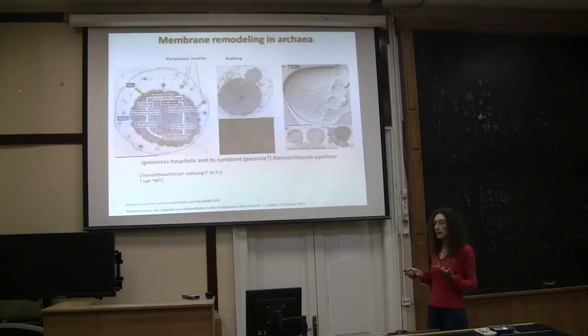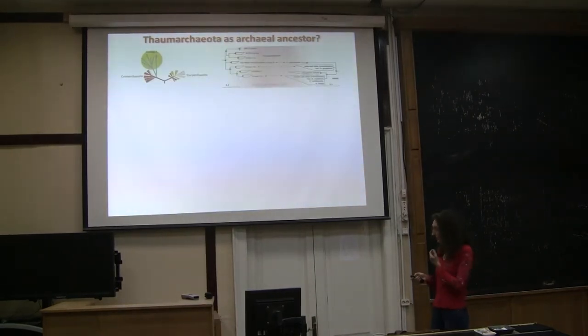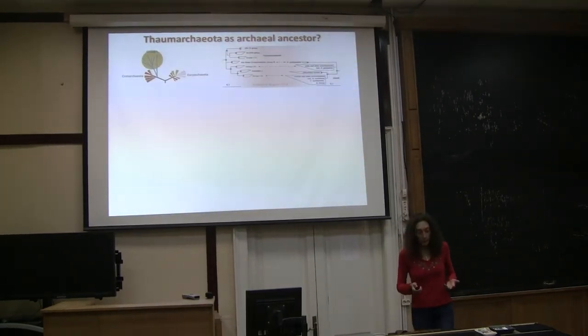They could be the ancestors of eukaryotes, just because they can modulate the membrane. So, well, this is a case of analogy, as it was in the case of Planctomycetes, but I have to mention this as a potential alternative.